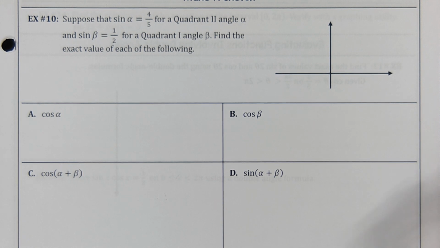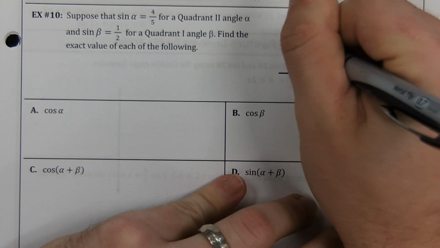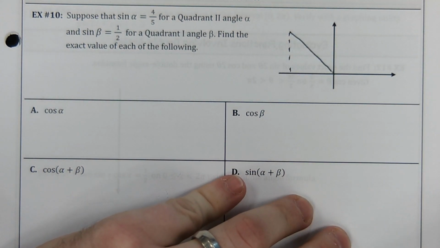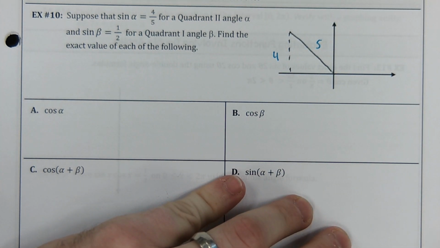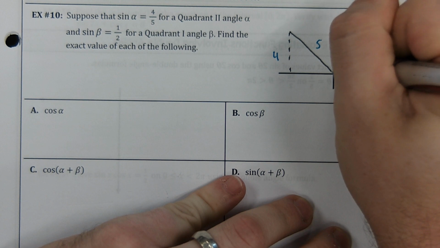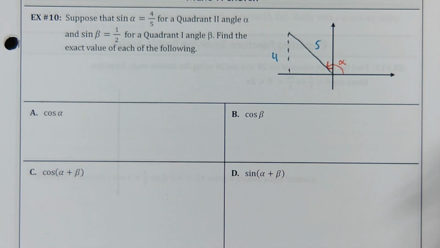Sine of alpha is 4 over 5, but it's in quadrant 2. Then what's the missing side length? Or better yet, how would we find it? Pythagorean theorem. You would do the Pythagorean theorem, and you would get 3.